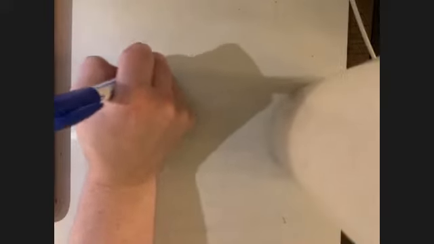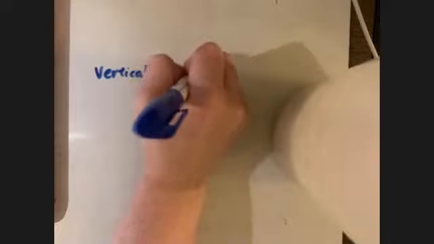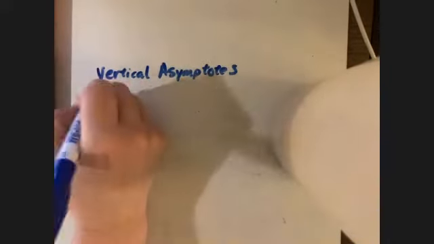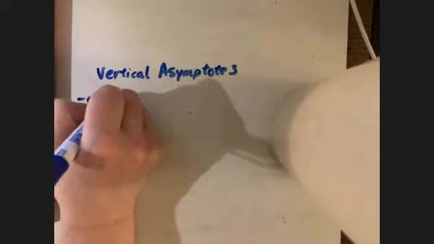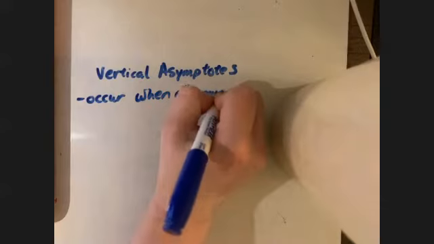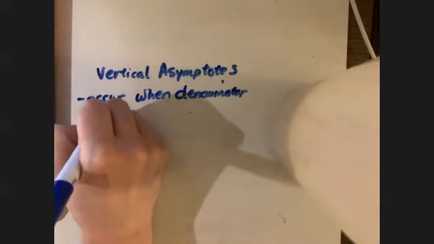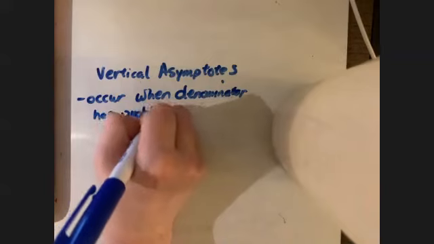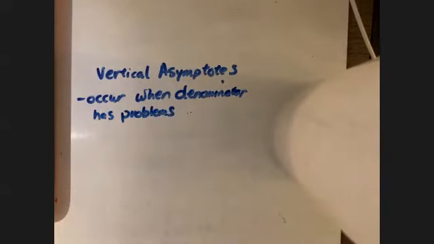Okay, so vertical asymptotes occur when the denominator has problems. Any value of x that is going to cause us to go to 0, then that is going to create a vertical asymptote.